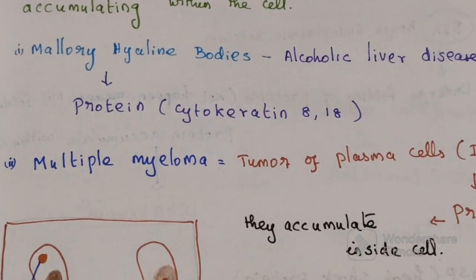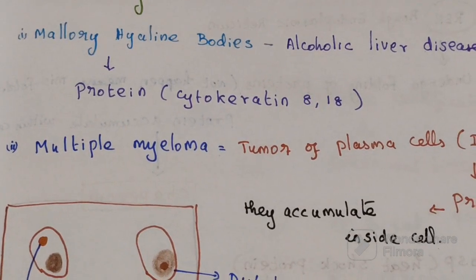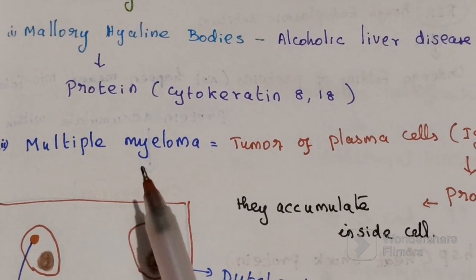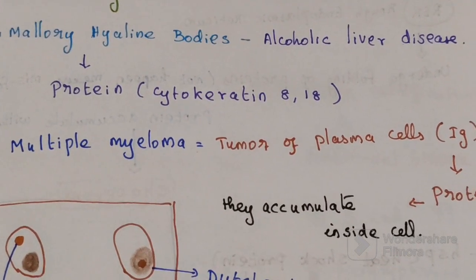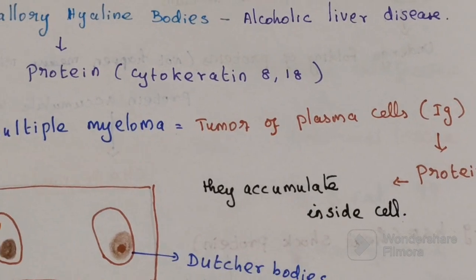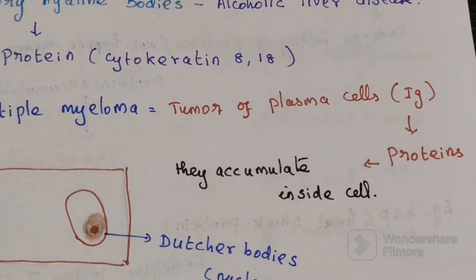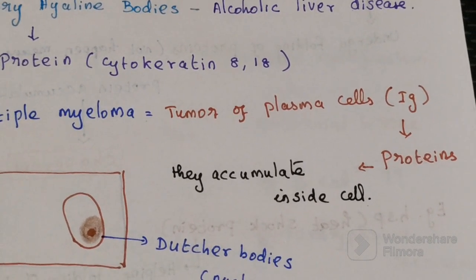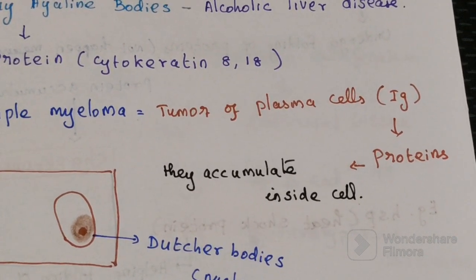Second example we need to know, in a tumor, is known as multiple myeloma. The basic concept we need to know is that multiple myeloma is a tumor of plasma cell.